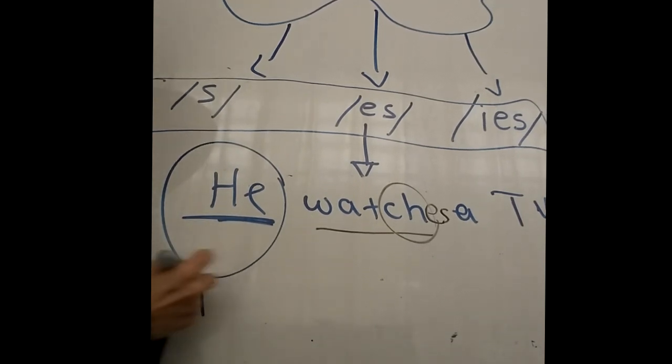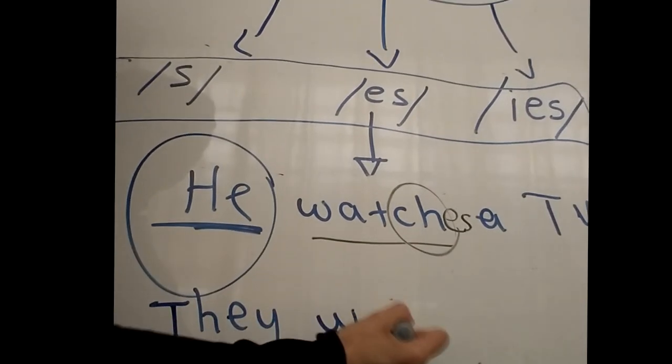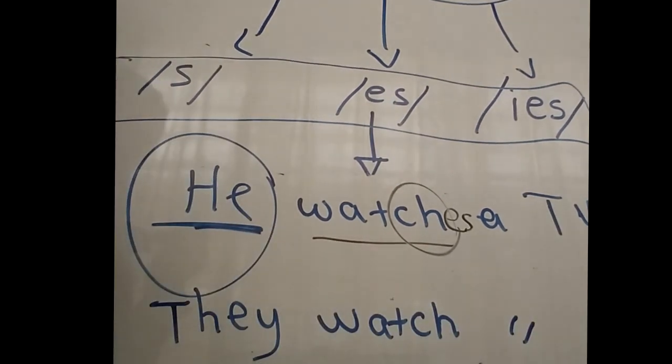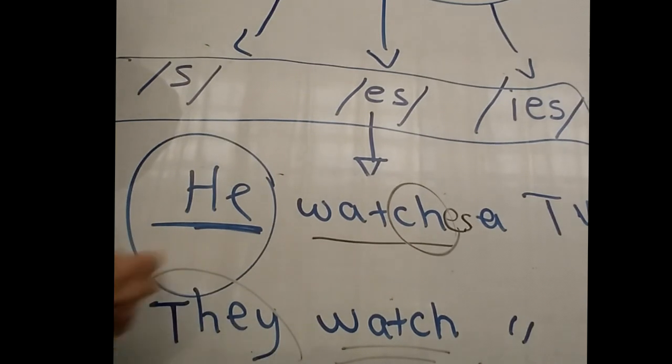But if we have, for example, they, and then we have watch TV program, in this sentence nothing happens to watch. Why can't we add ES in here? Because we have a plural subject.